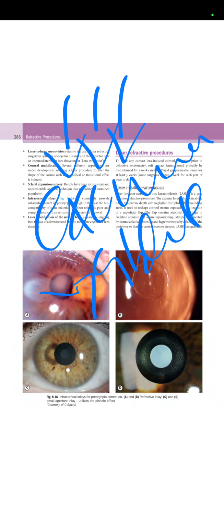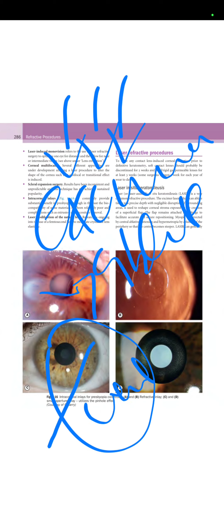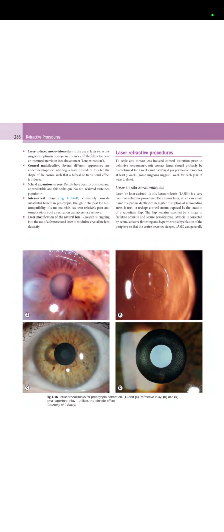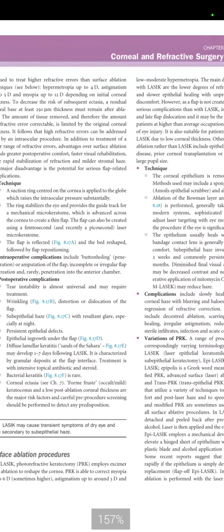For example, in myopia, it will ablate the center of the cornea so that the center becomes flattened. When the center becomes flattened, the myopia becomes less. Whereas in hypermetropia, the periphery of the cornea will be ablated, so the center becomes steeper and the periphery flatter. I hope you understand. And then you reposition the flap.